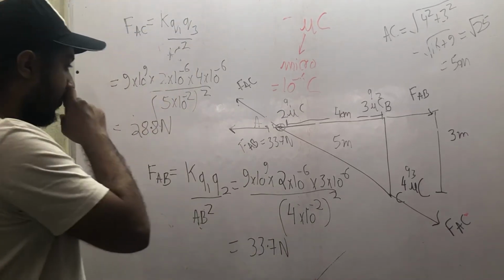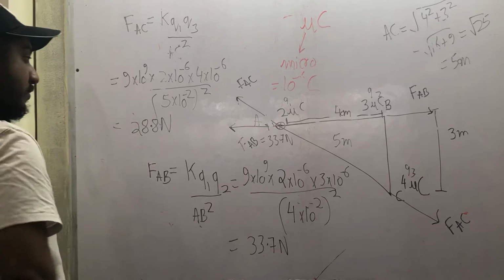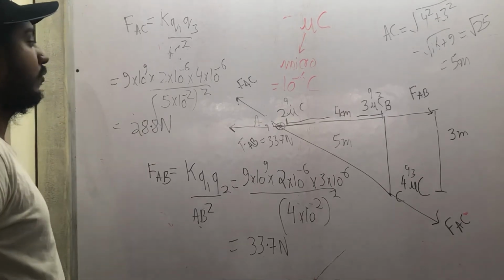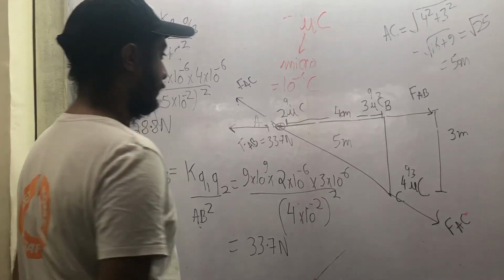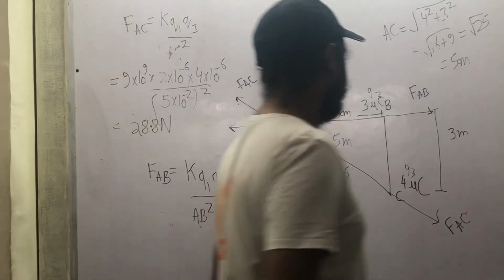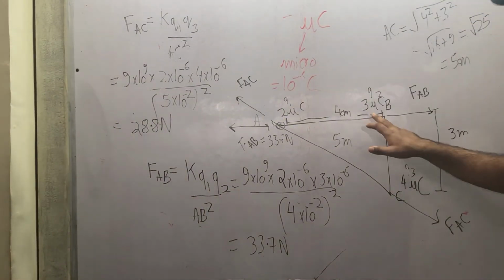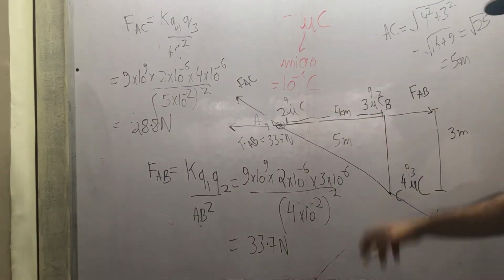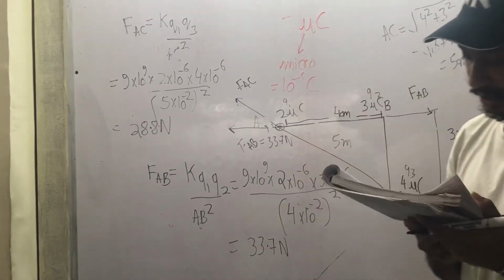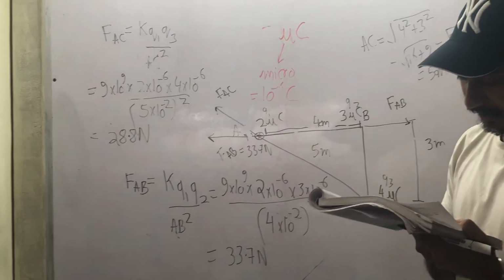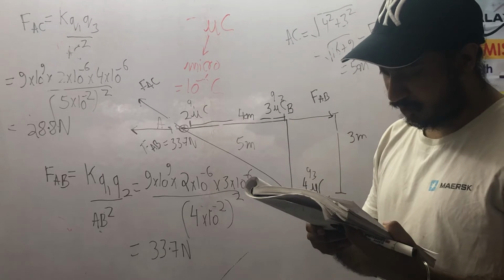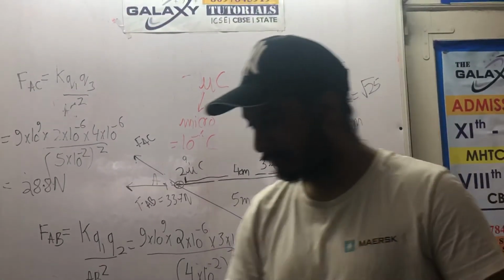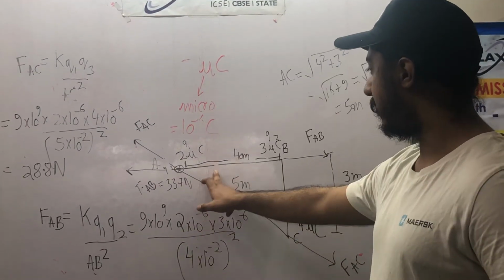Okay. Now you know these two forces. Now what you have to do is, this angle is 90 degree, since this is a right angle triangle. So what we have to do here now is we have to try and find out this angle.